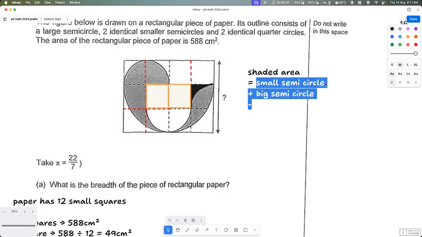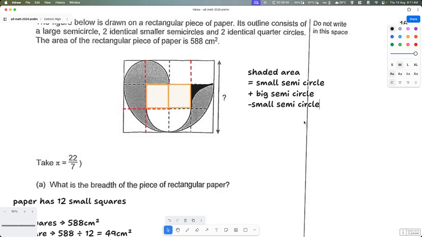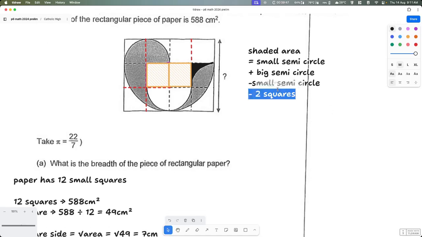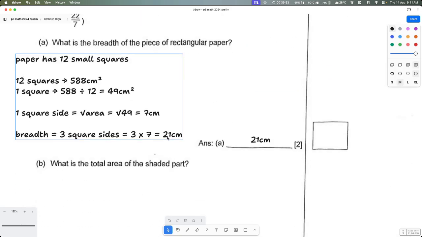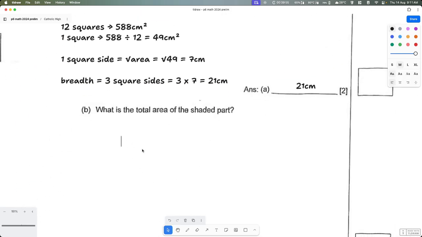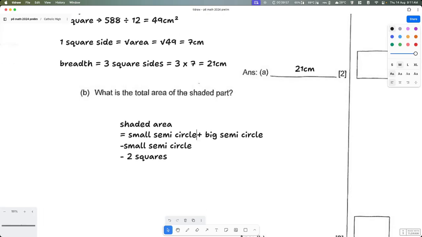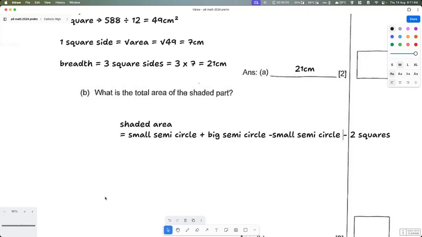Shaded area is equal to small semicircle plus big semicircle minus small semicircle minus 2 squares.